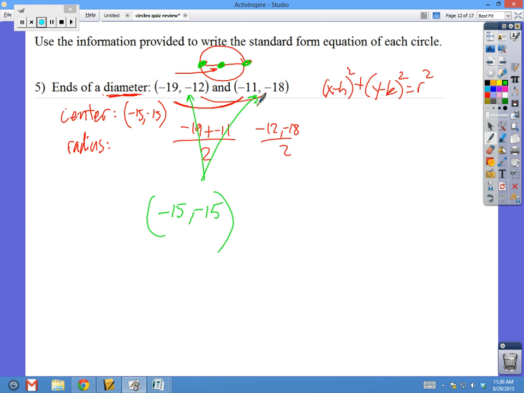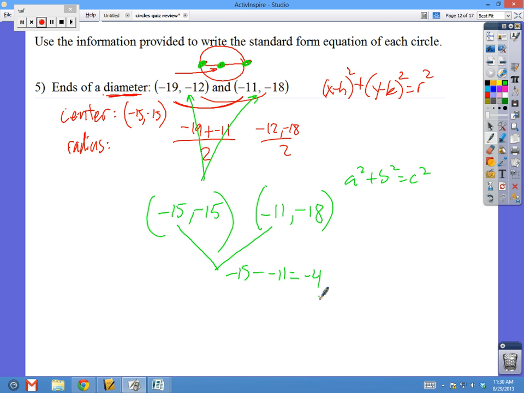So I'm going to use this end point, (−11, −18). I've got to find the distance between those 2 points. Distance is just a² + b² = c². So I'm going to find the distance between my x's, and I'm going to say that's my a. So it's going to be −15 subtract −11, and what is that?